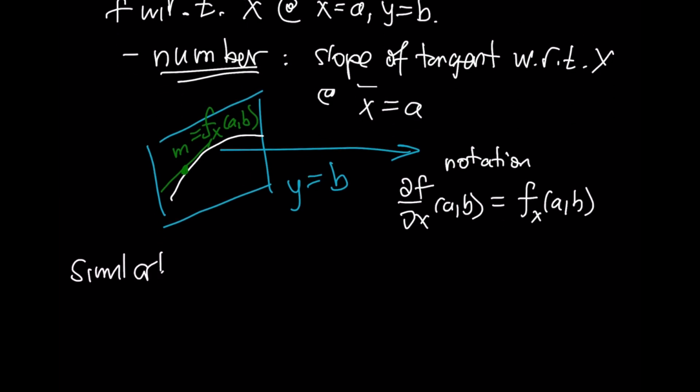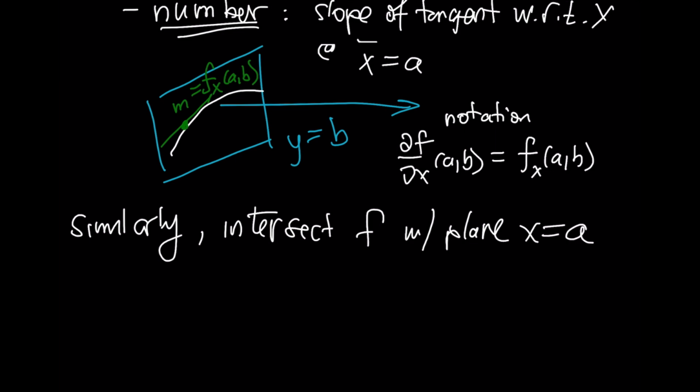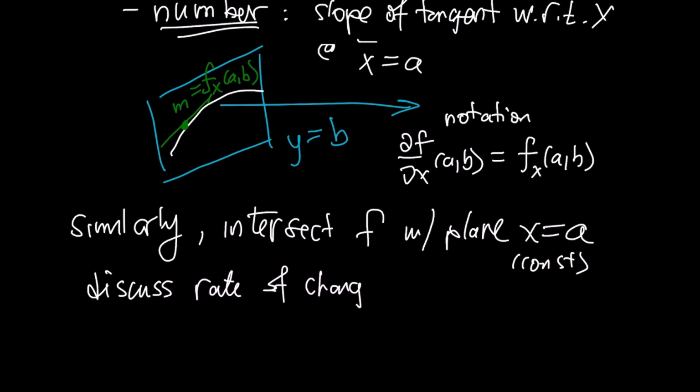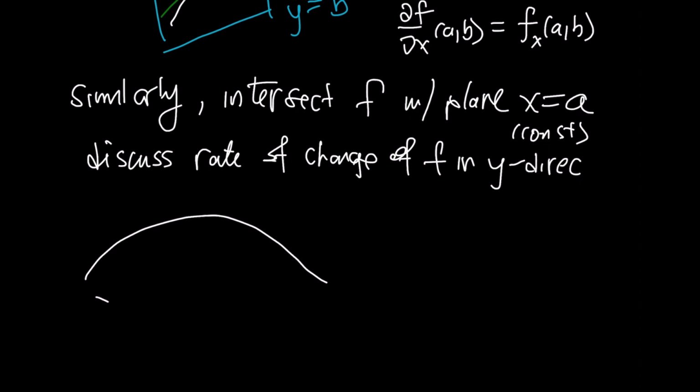Now, similarly, I can intersect this function with the plane x equals a, and that x equals a is going to be a constant, and then discuss the rate of change of this function in the y direction. So in this particular case, we'll have our surface again. It looks something like this.